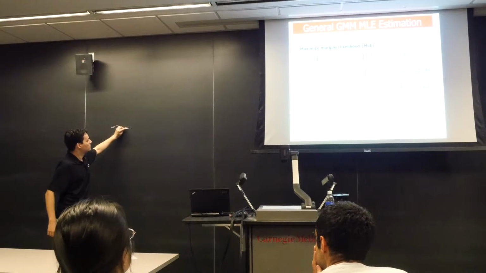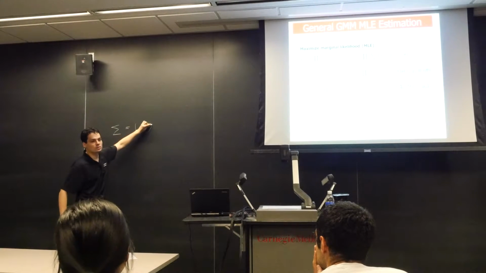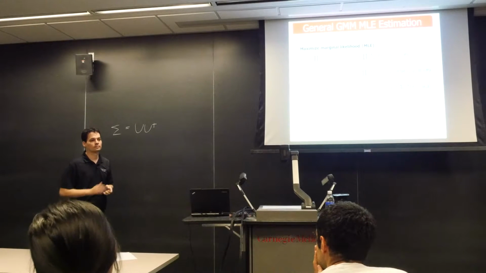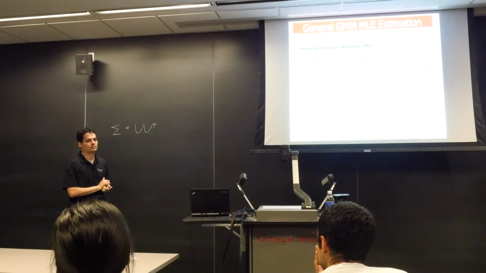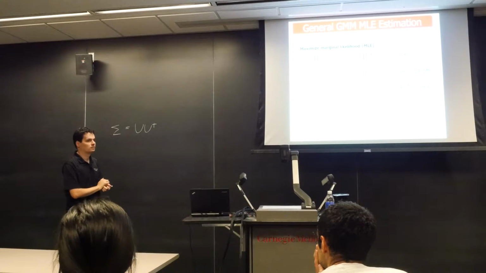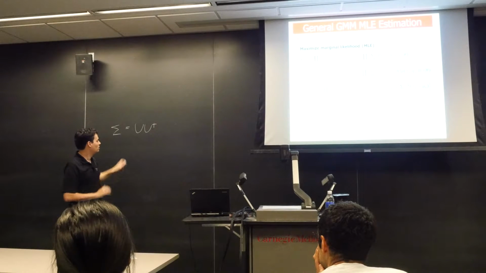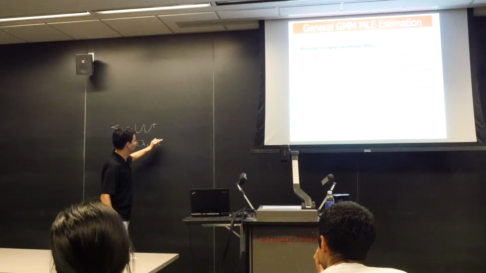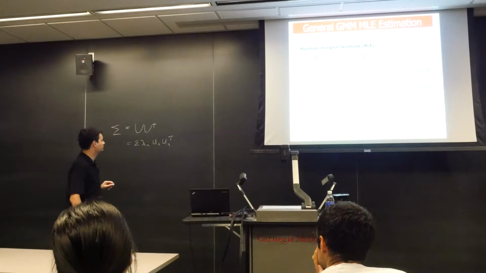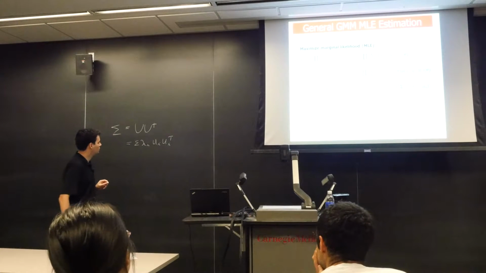Sigma is positive semi-definite, so I know that sigma can be written as U transpose U. Or you can write it as the spectral decomposition, the sum of lambda_i u_i u_i transpose, where u_i is the eigenvector, where u_i is just a vector in R^n.